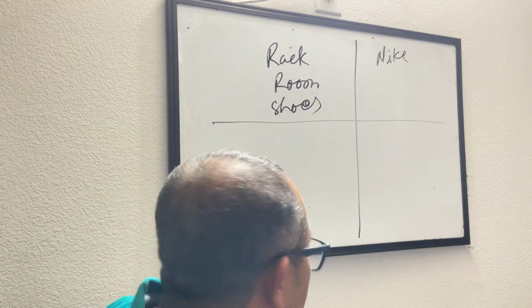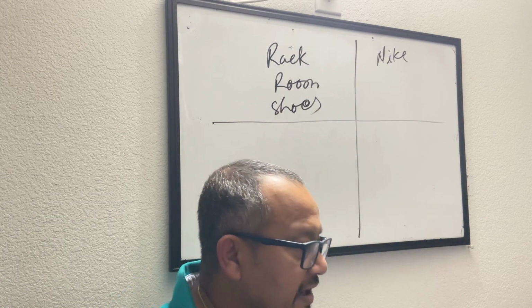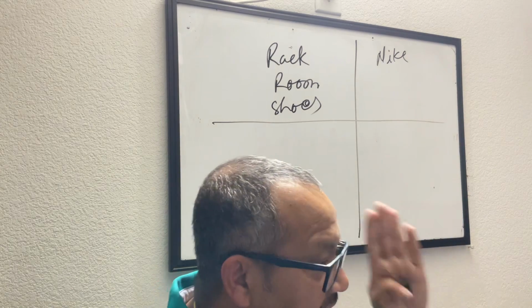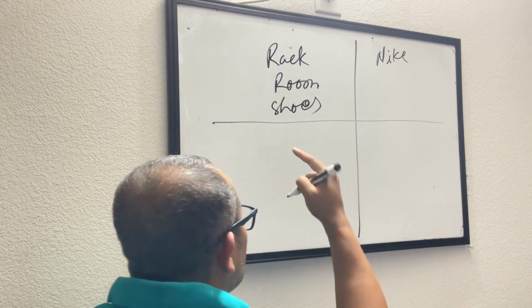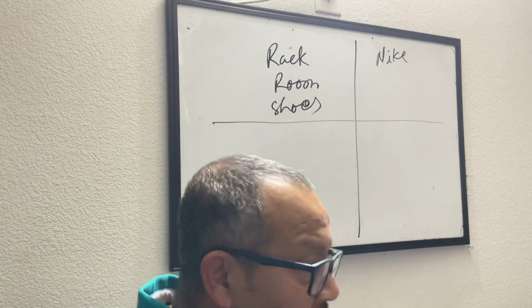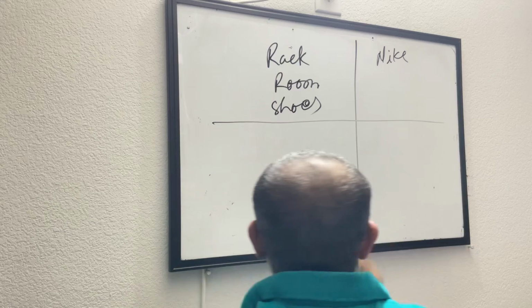Now, you want to buy a pair of Nike shoes and you have already decided on the style that you want. You found the same shoe available in both places.